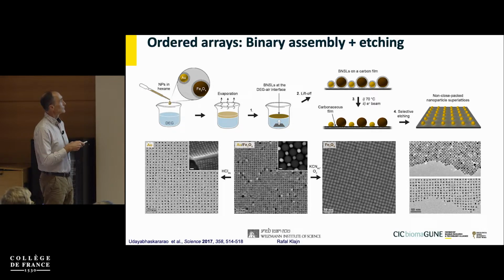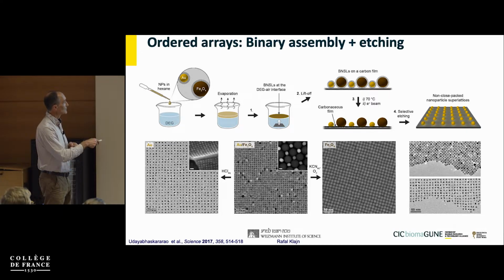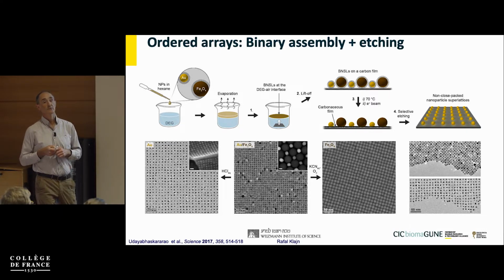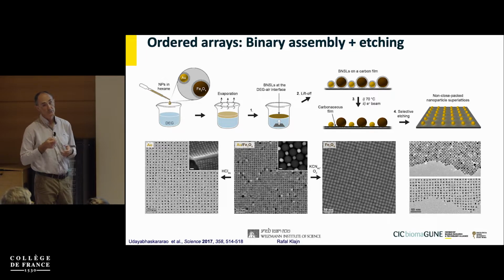Meaning that now you can do chemical etching to remove either one or the other component. And then you can get these very unusual organized lattices that are very difficult to do by standard self-assembly. And so you get them for both components, depending what you use to etch away the nanoparticles.